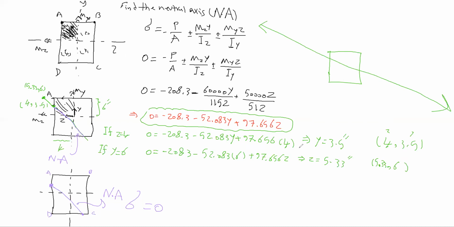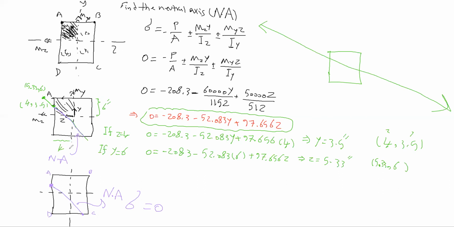Hey, Professor. Basically, to find the neutral axis, we just need to find the equation of the line. Yes, the equation of the line, because look at the equation. The equation is based on y and z, right? Which means the neutral axis is the equation of the line.